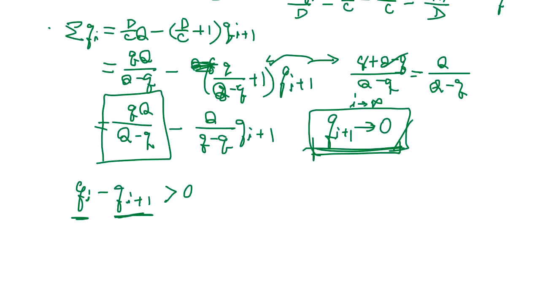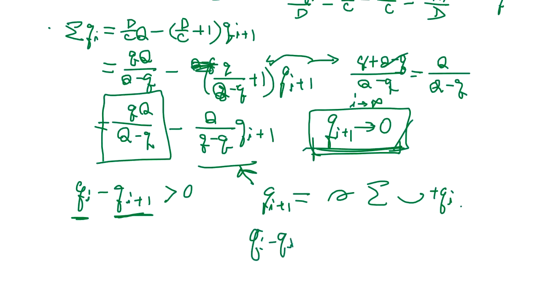So I think you calculate this qi plus 1 equals whatever plus qi, and move the qi's, qi minus qi plus 1.